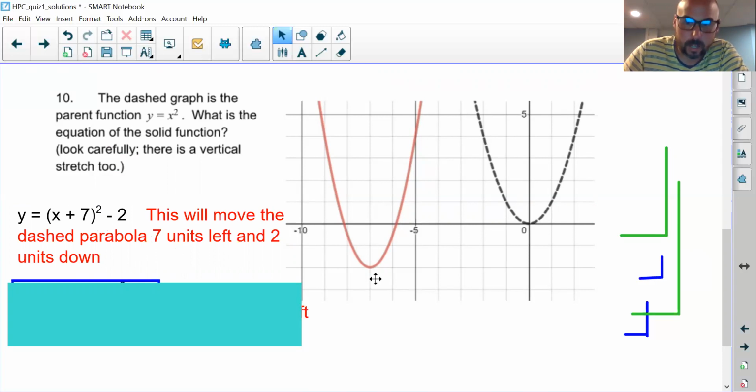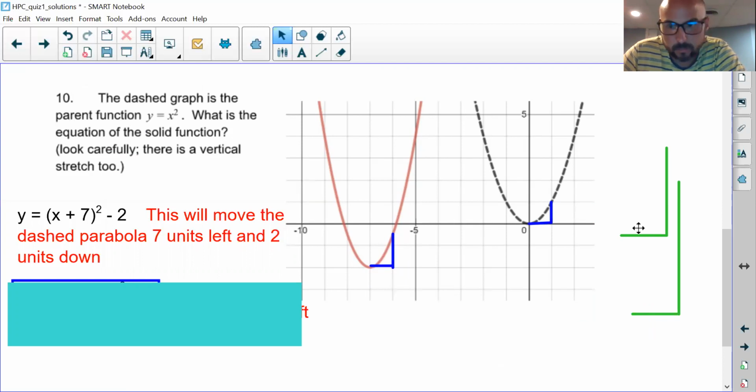Now, was there a stretch? It doesn't look like there was, but let's be sure. If I go to my original, if I go to the right one, I go up 1. Well, that's obvious because it's a squaring. If I put in 1, 1 squared is 1. But in my new function, I go over 1. You see, I go past 1. So it's more than 1. I'm not sure what it is yet.